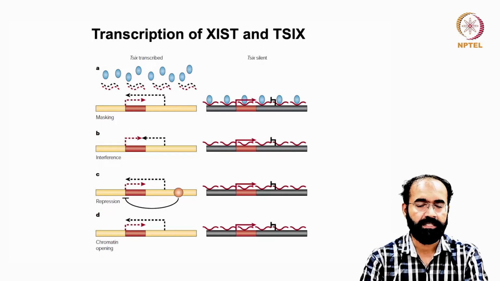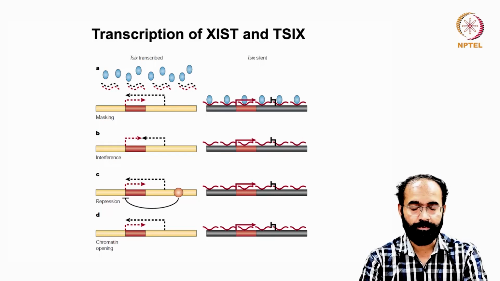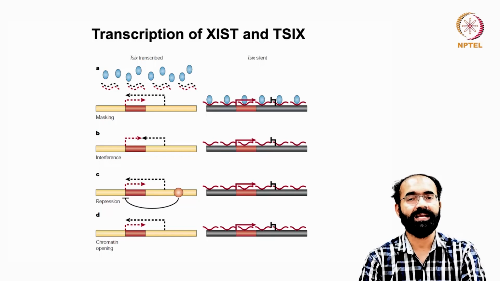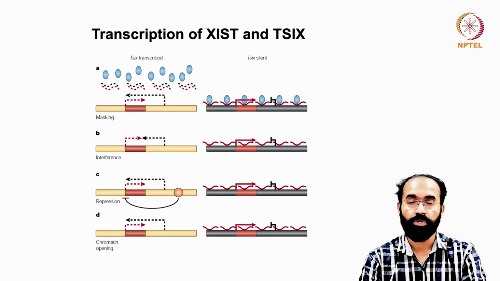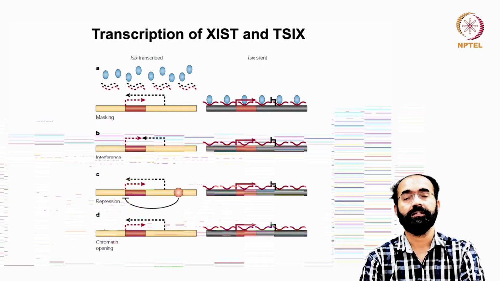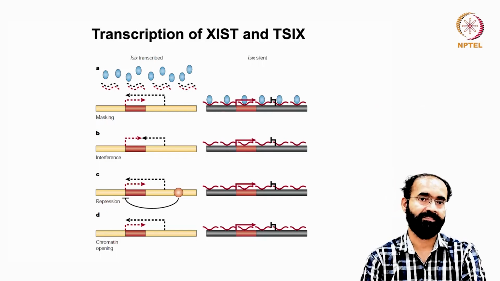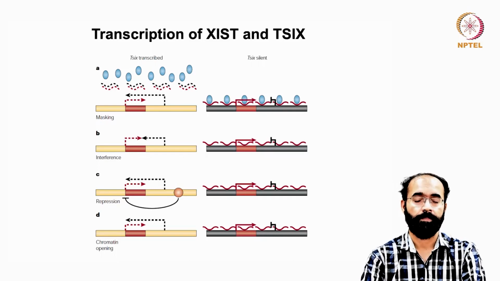You should also think that if T6 is expressed, it gets the upper hand. The same mechanism can be done by X-cyst also, because the X-cyst expressing cell does not want a T6 promoter to be active in it, because the X-cyst expressing chromosome wants to be inactive throughout.